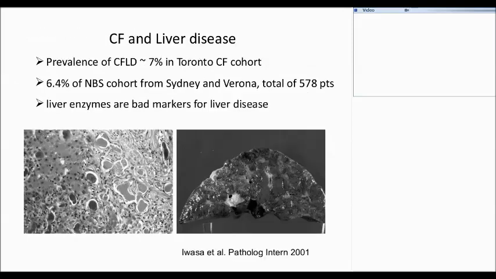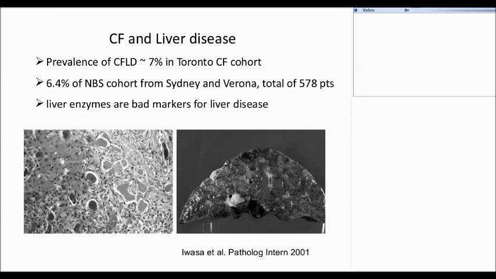The prevalence of that severe end of the picture is actually low. Peter Durie here at SickKids, my mentor, did participate in a really large cohort study, and they found here in Toronto at least only 7% of all CF patients met the criteria of having developed severe CF-related liver disease.